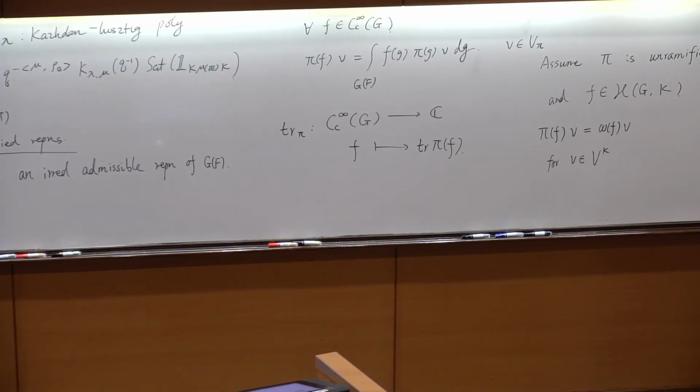And now let's give a formula. It's not hard to check that omega of f is the integral of the Satake transform with the character associated to the unramified representation pi. So let's denote it by theta.